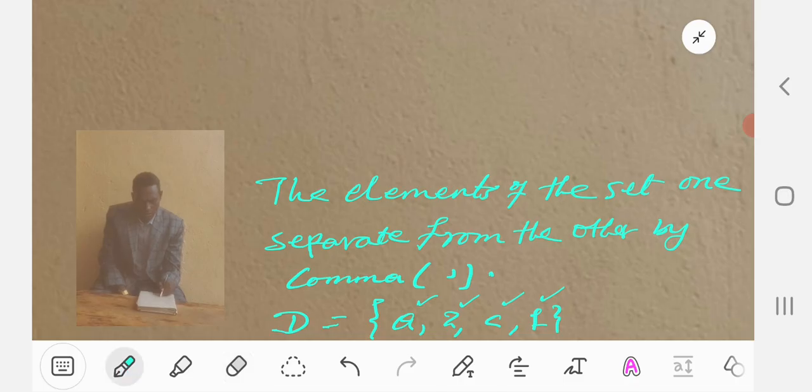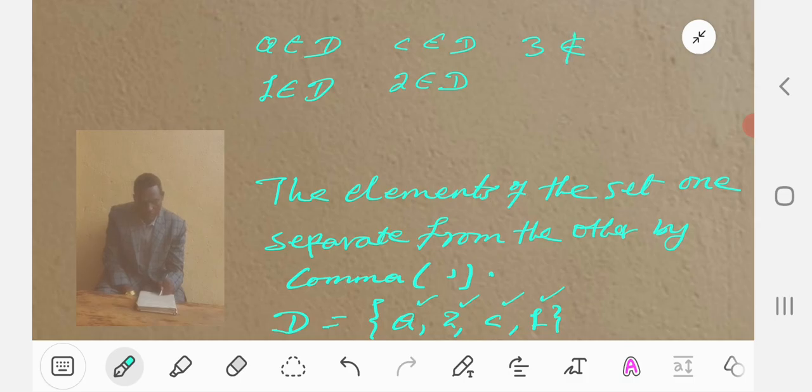Then we can say that A is the element of set D, which is correct, and 1 is also an element of set D. C is the element of set D, and 2 is also the element of set D. But if I say 3, there is no 3 in the set D, then 3 is not the element. To say not the element, use this sign. 3 is not the element of set D. For example, if you consider 5, there is no 5 as an element, then 5 is not the element of D, and so on.